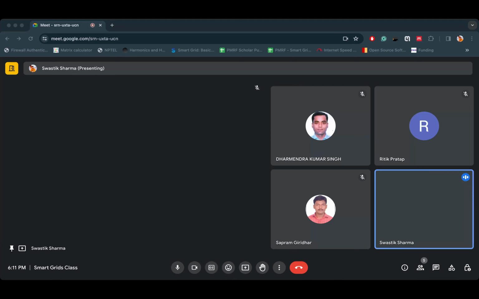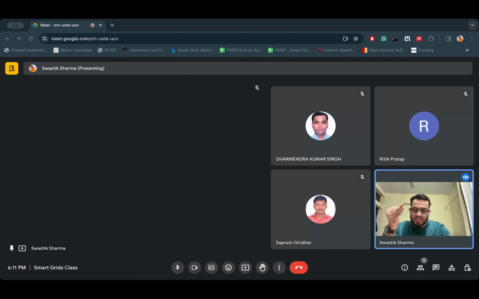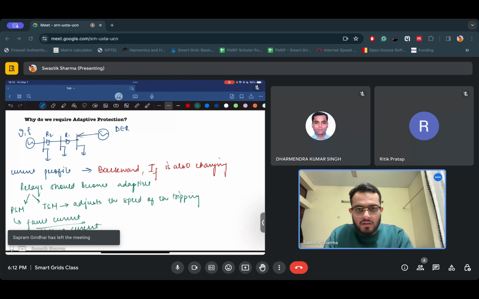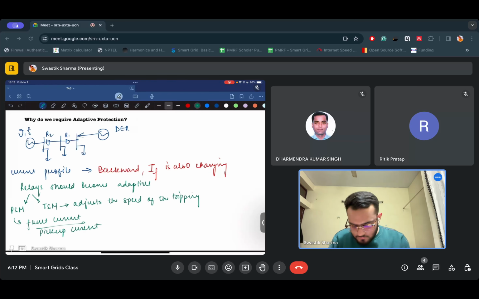So now we are able to achieve two things. We are able to set how quickly or how slowly the relay would trip, and second, the plug setting multiplier lets us adapt to the fault current, which is changing with respect to how the DERs are coming into being, right?